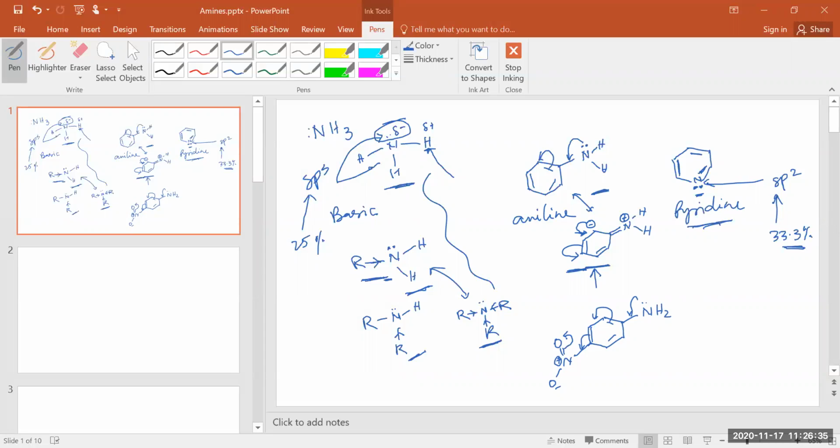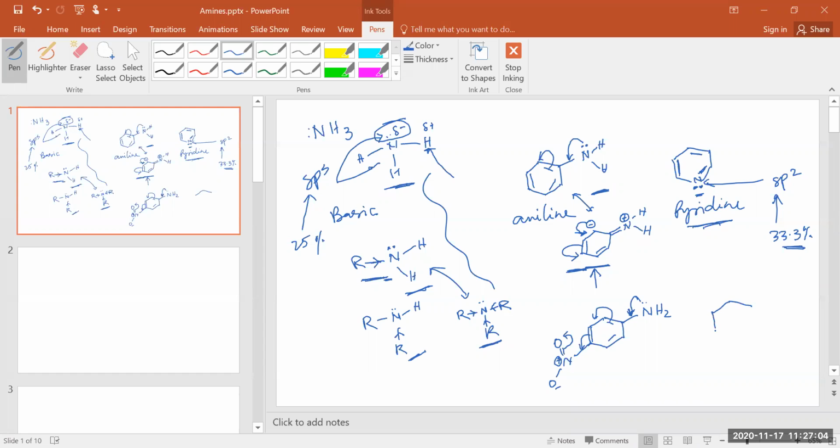That further decreases the basicity of anilines. Electron withdrawing groups will decrease the basicity at the meta position as well, but they are more pronounced at the ortho and para positions.